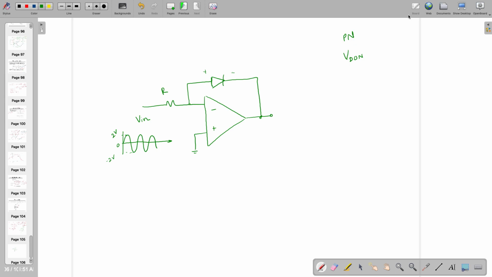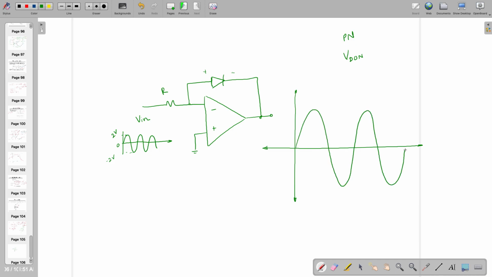So what is the output? Let's consider this one as ideal. If you have not done it ever, so this is the input with respect to time, and this is voltage. So the output will be, yes or no. Should it be something else or the same?